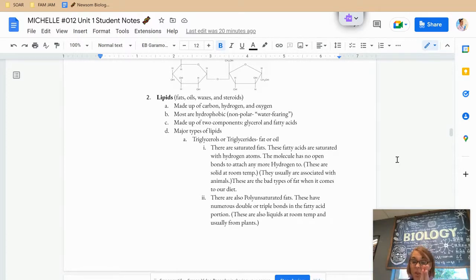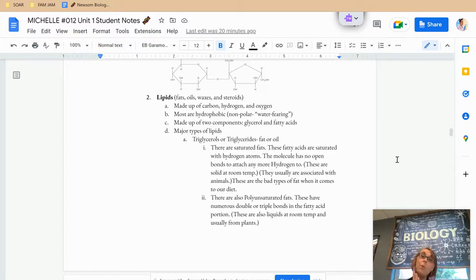All right, so first of all, the bad ones, or when you hear buzzwords or terms you think negatively. When you hear saturated, that sounds like it's bad. Fatty acids are saturated with actual hydrogen atoms, so the more of these puppies you have, the more saturated they are. These are bad for our diet because they are going to be solid at room temperature.